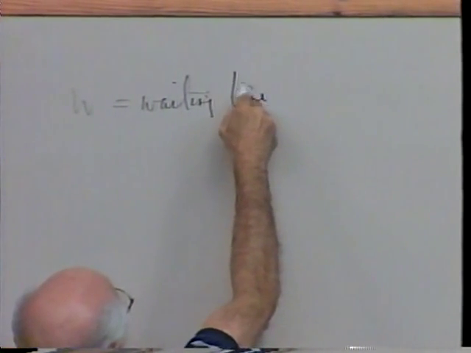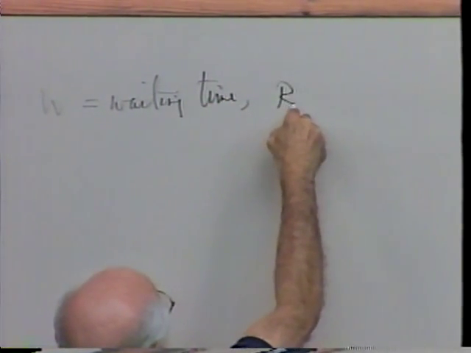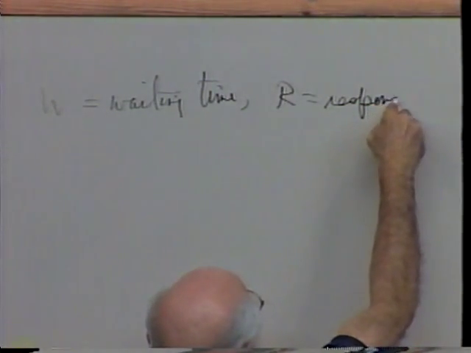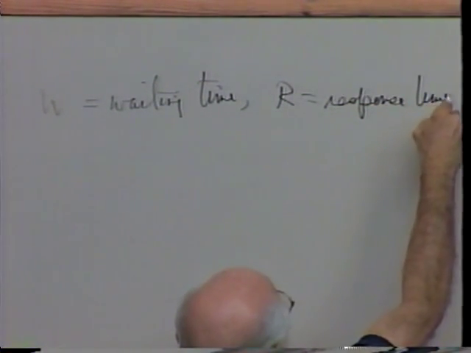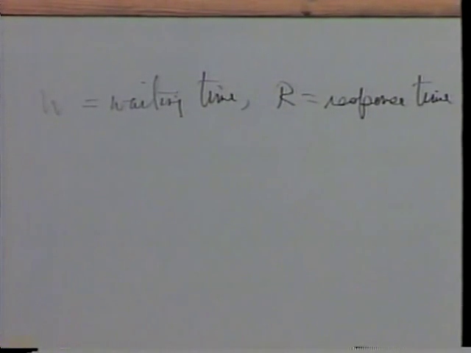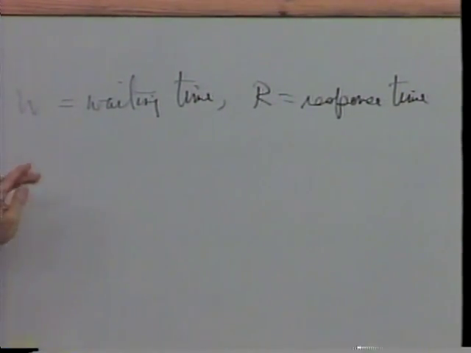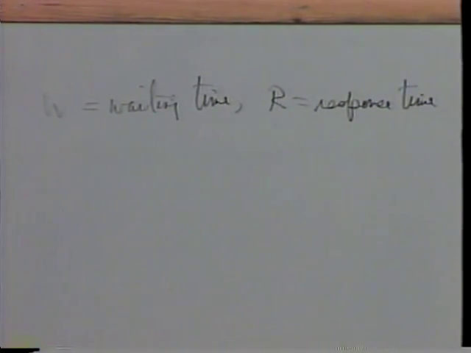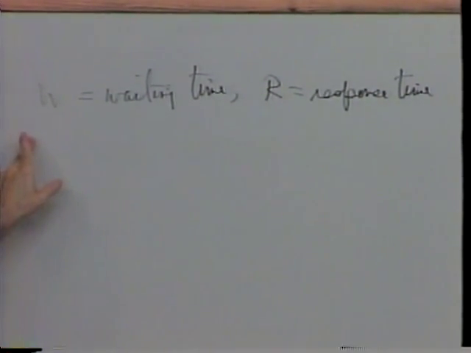And later I'm going to talk about R, which is the response time, which I'll define. So the waiting time is the time from the instant the customer arrives until he enters service. So with probability 1 minus the Erlang C, his waiting time is going to be 0. The response time, by definition, is the sum of the waiting time plus the service time.